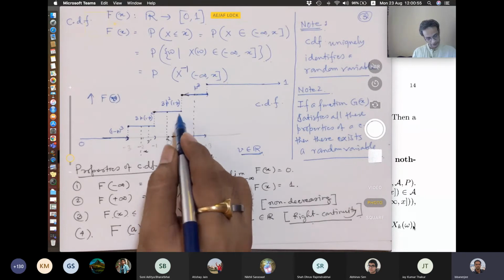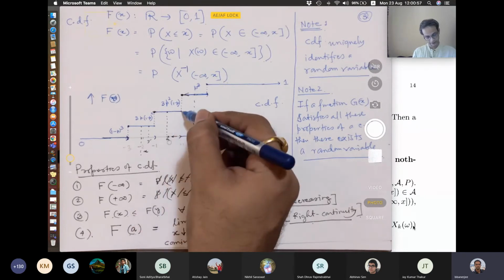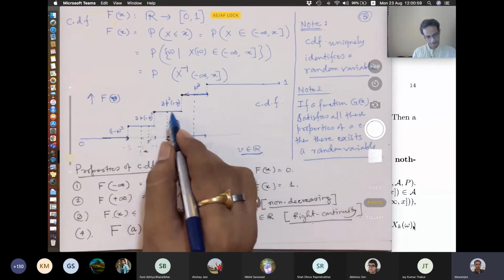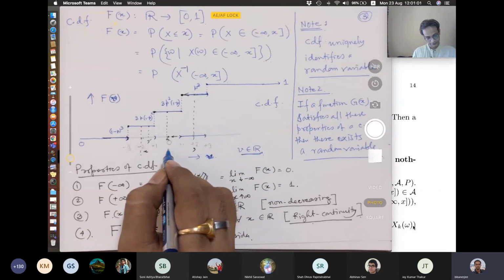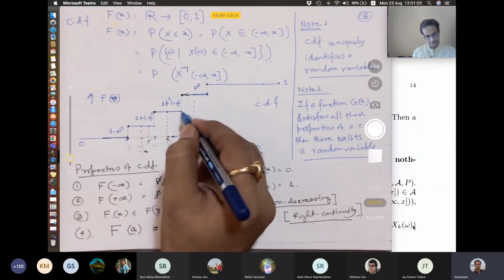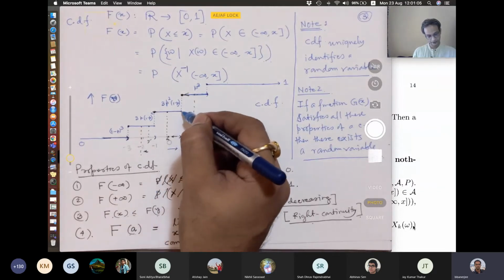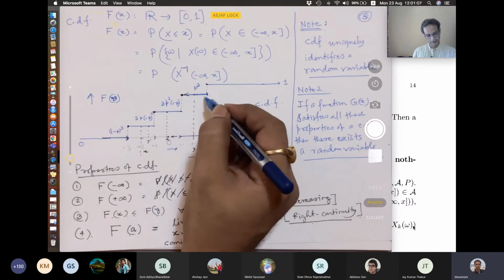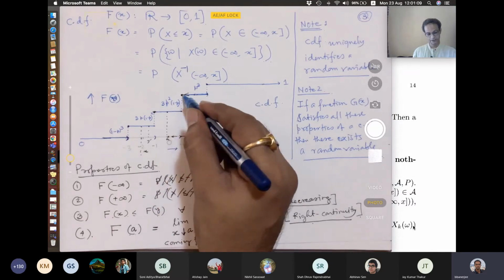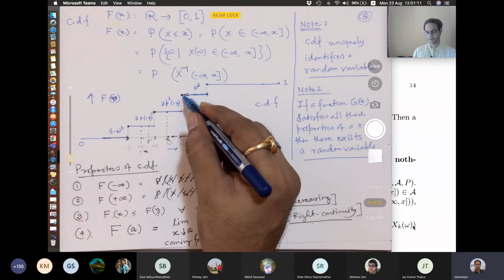So this limit will still be here. If you go from this side, the left hand limit will be here, and if you come from right hand side, the limit will be here.